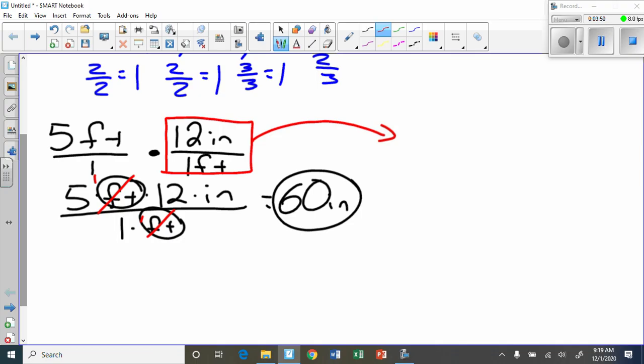So now as we look at this piece right here, what would 12 inches over 1 foot be equal to? 1. Why? Because 12 inches is 1 foot. They're both 1 foot. And 1 foot over 1 foot, or 12 inches over 12 inches, equals 1. The label doesn't matter anymore. This is equal to 1. Which property says we can multiply by 1?